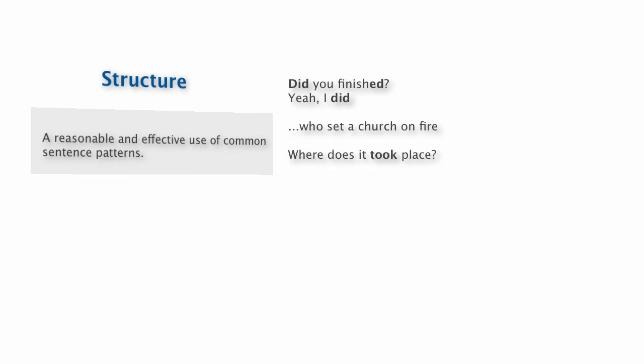"Where does it took place?" Finally, here the student must have structured his question either in present or past simple. So the right questions could be, where does it take place? Or, where did it take place? "About a men who."